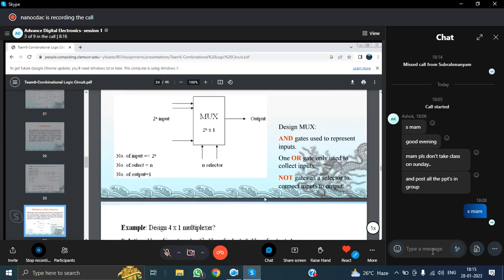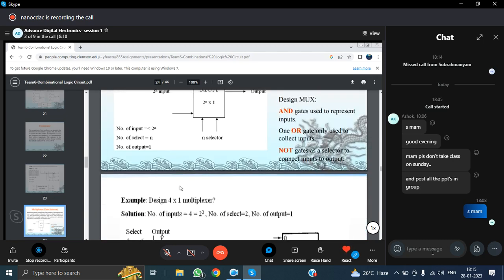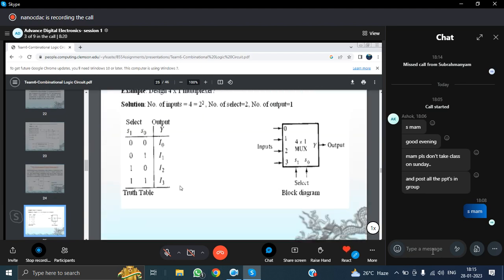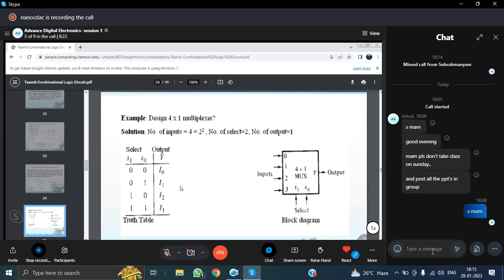To design a 4 by 1 multiplexer, the number of inputs is 4. 4 is nothing but 2 power 2. So what is the power? This power will be equal to the number of select lines. The number of outputs will be 1 for a 4 by 1 mux.